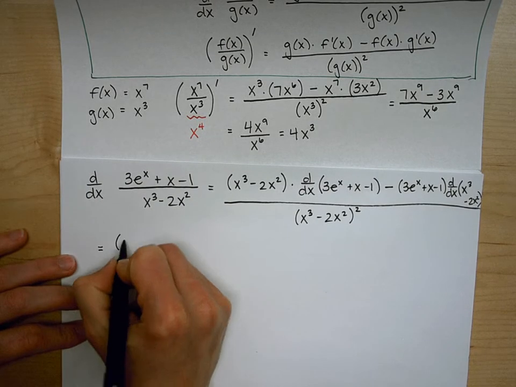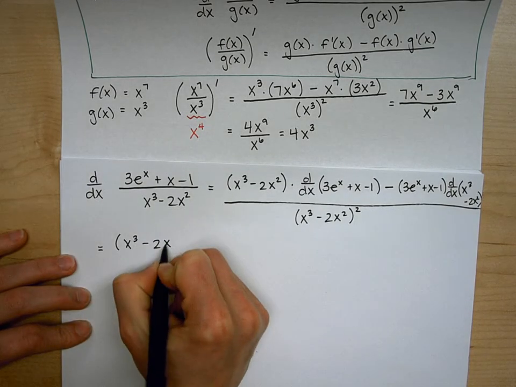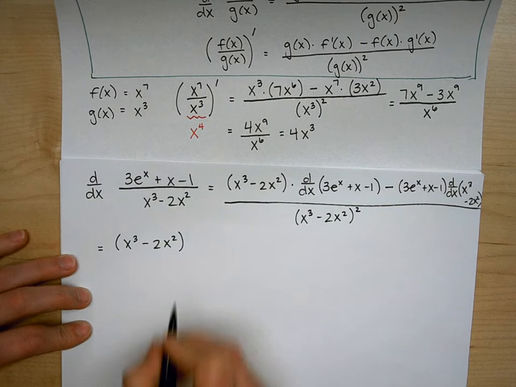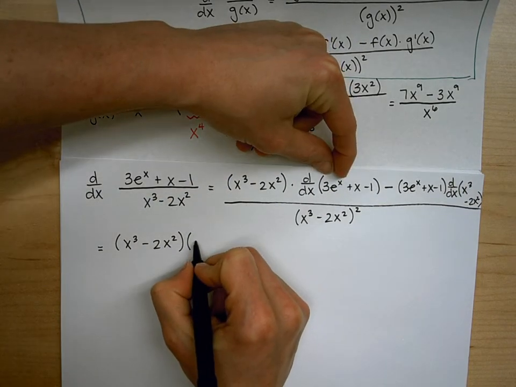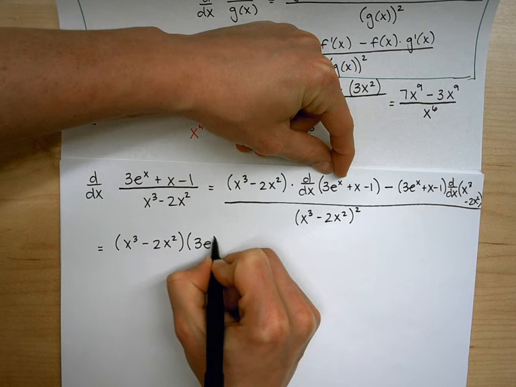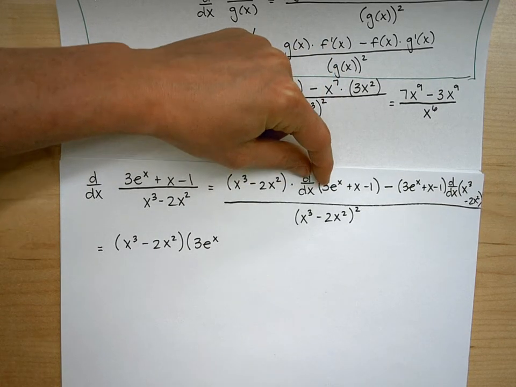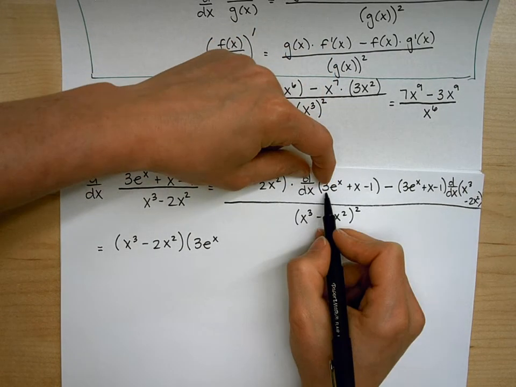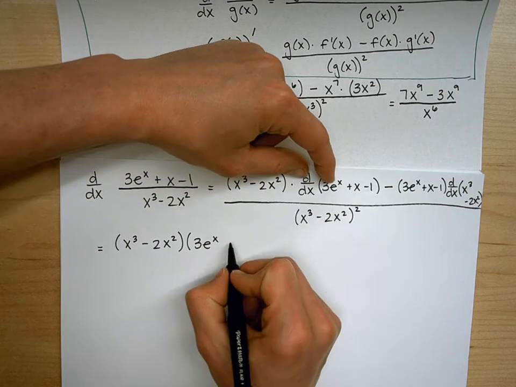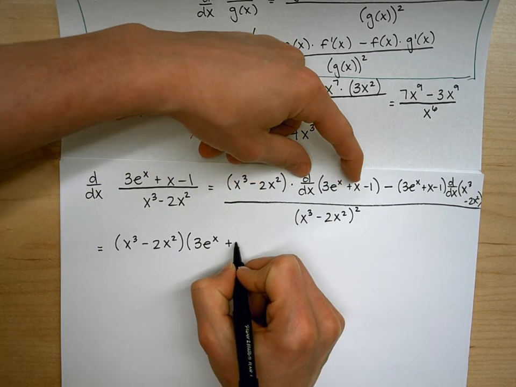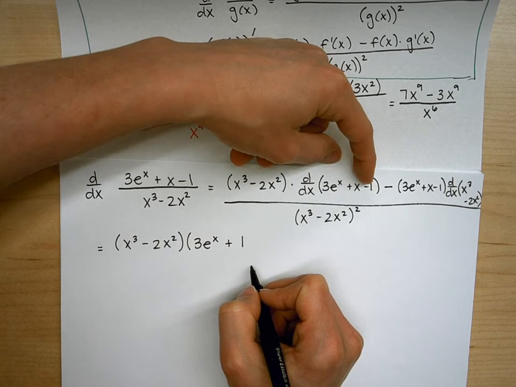I have x cubed minus 2x squared, that was just the original denominator. Derivative of the numerator. Derivative of 3e to the x would be 3e to the x. Using the constant multiple rule there, that derivative of 3 times a function is 3 times the derivative of the function. So 3e to the x. The derivative of x is 1. The derivative of a constant is 0.